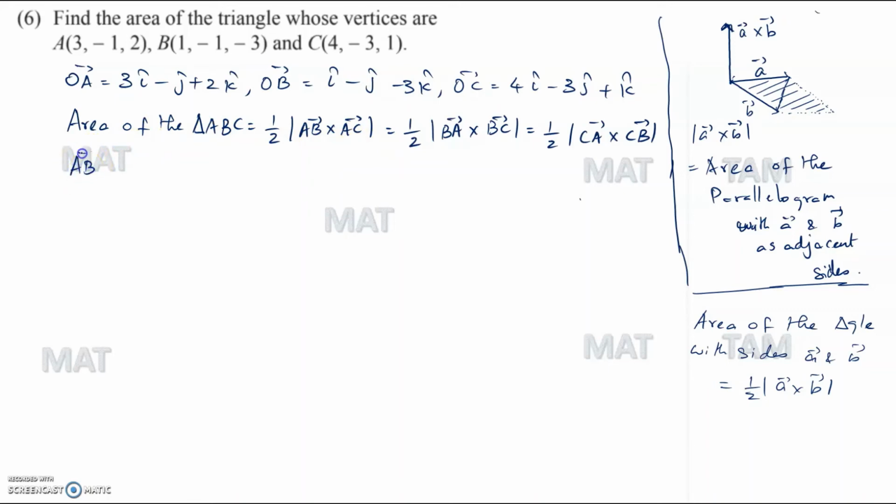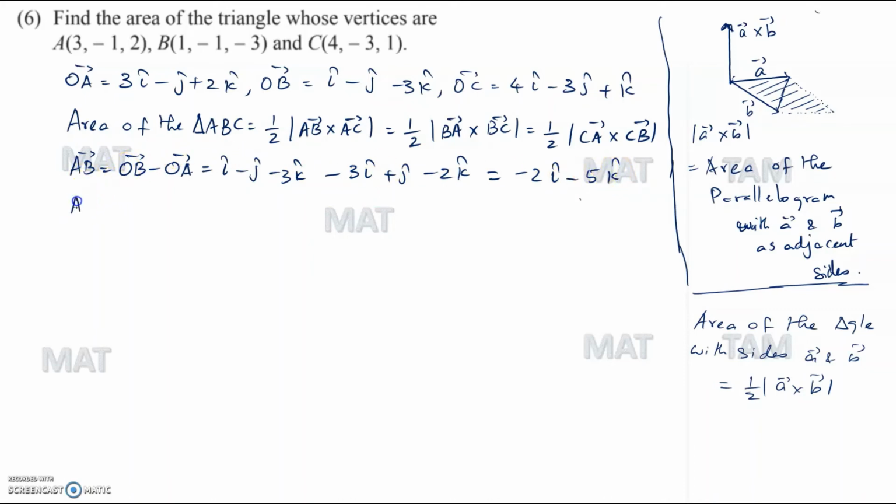Vector AB is equal to OB vector minus OA vector, which is i cap minus j cap minus 3k cap minus 3i cap plus j cap minus 2k cap. So that's equal to minus 2i cap, j cap will become 0, minus 3 minus 2, so minus 5k cap.